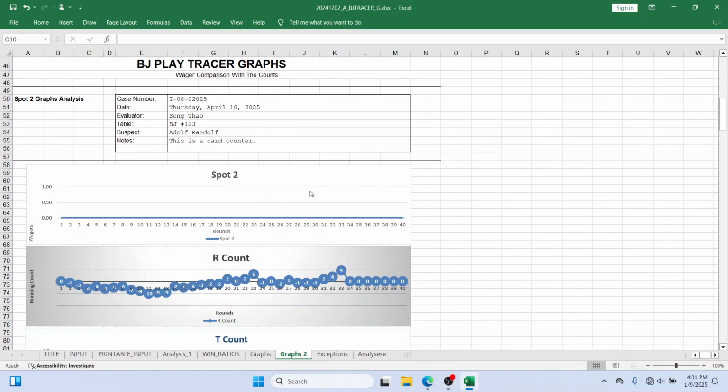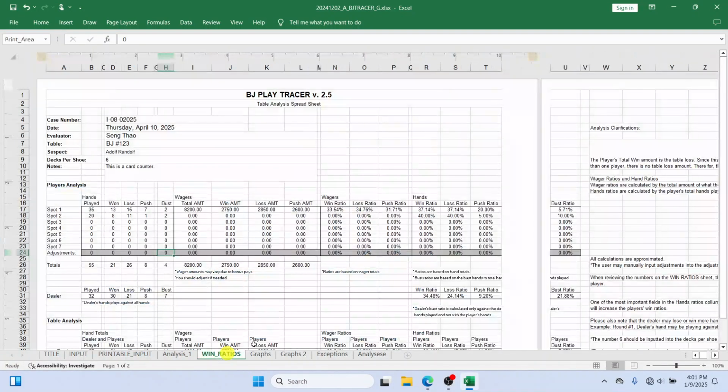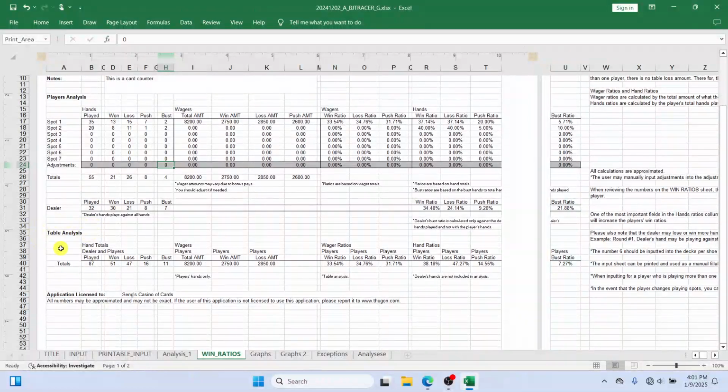When analyzing more than one table, you want to be very careful with team play, and that's where the win ratio and the analysis come in handy. If you look at the win ratio and the table analysis here, what we are really concerned about is wagers. How much money walked off that table?